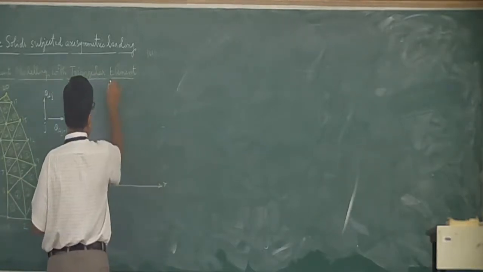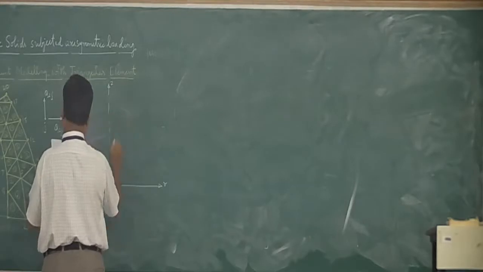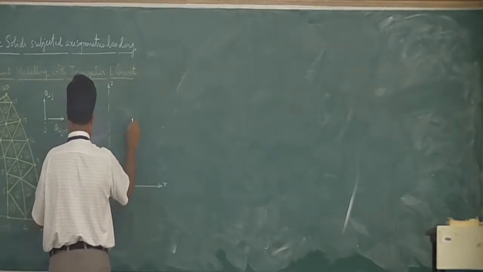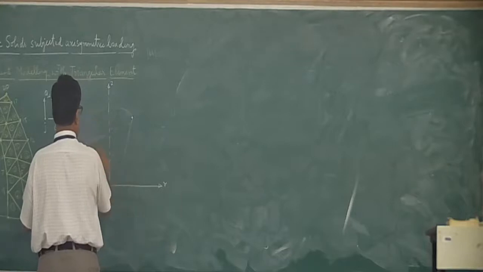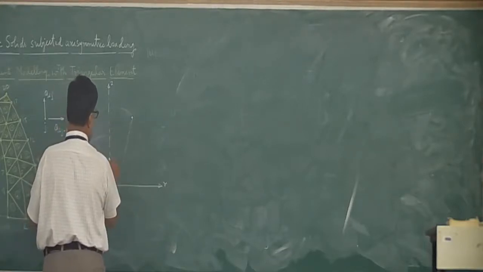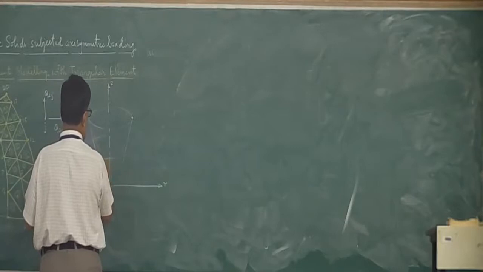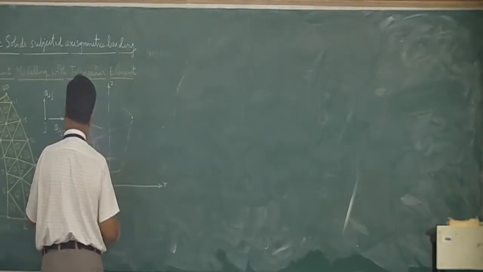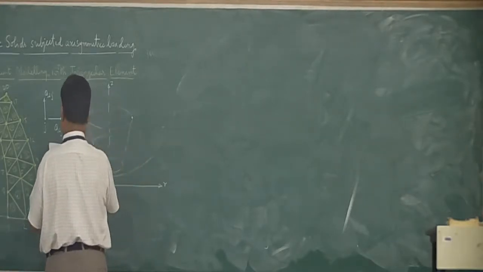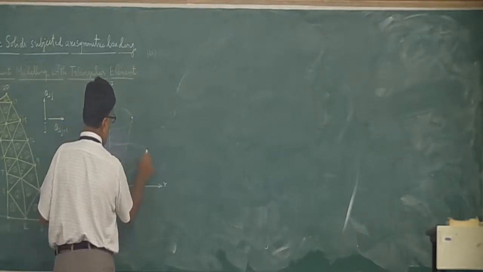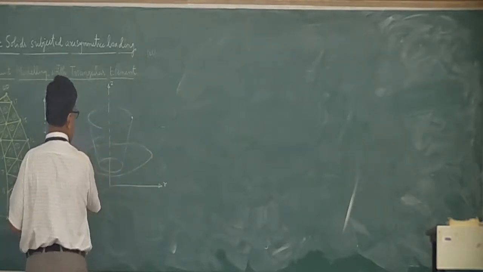This is R and this is Z. See, if I take this like this, and if I consider a triangular element, okay, I will consider this entire thing here now.